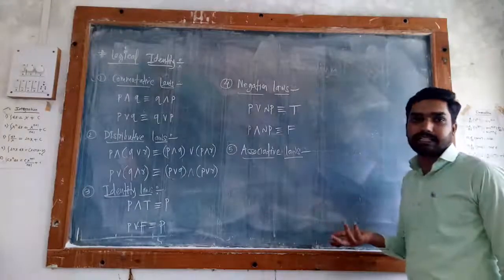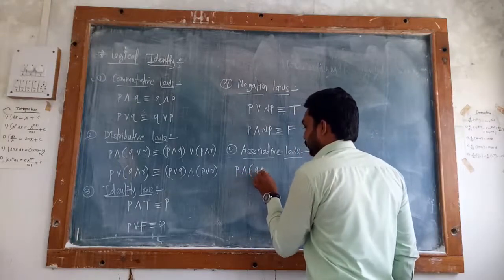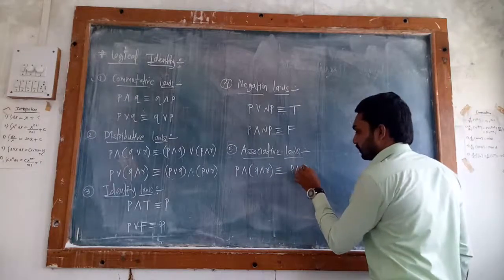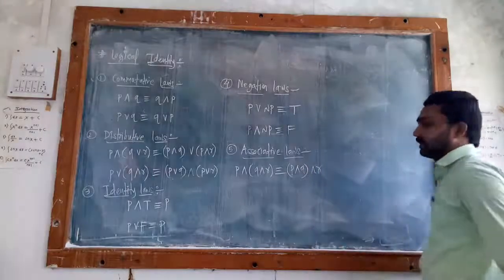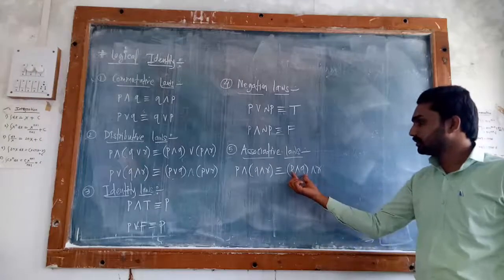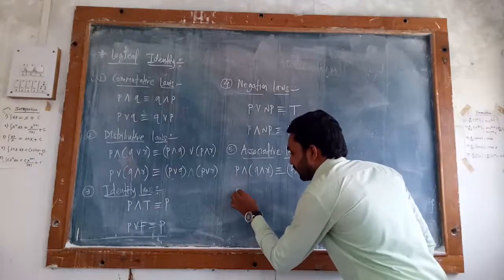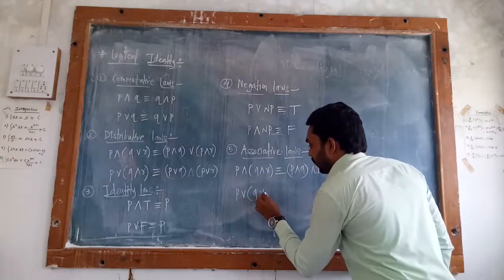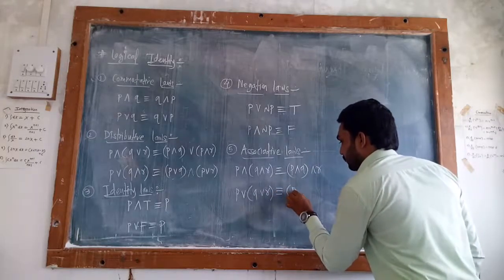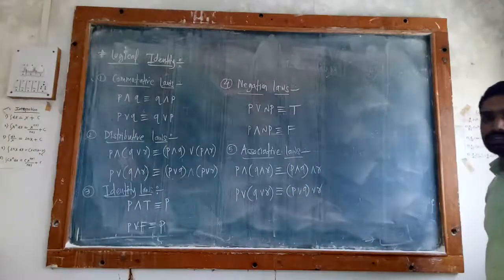If P, Q, R are three propositions, that is three statements, then P and (Q and R) is logically equivalent with (P and Q) and R. That means we take the first two in brackets, and then with R. Similarly for disjunction: P or (Q or R) is logically equivalent with (P or Q) or R. This is your associative law.